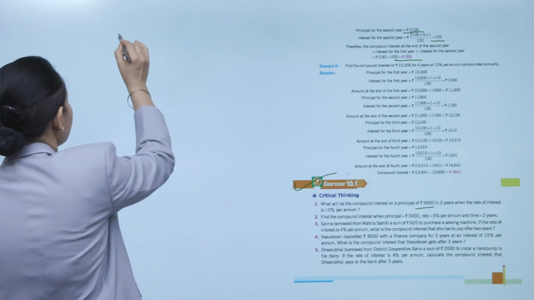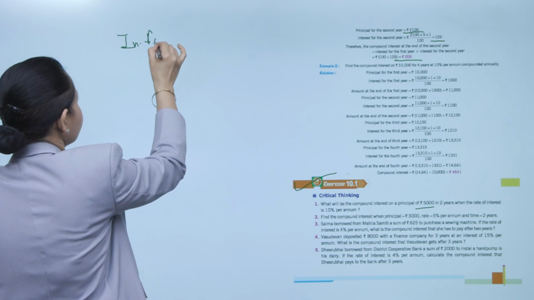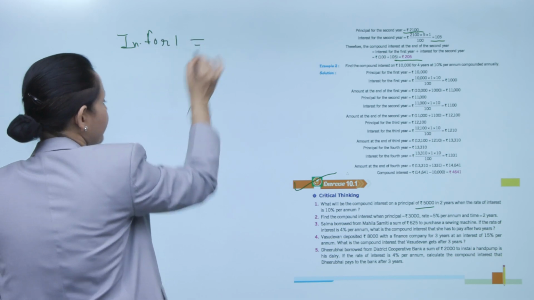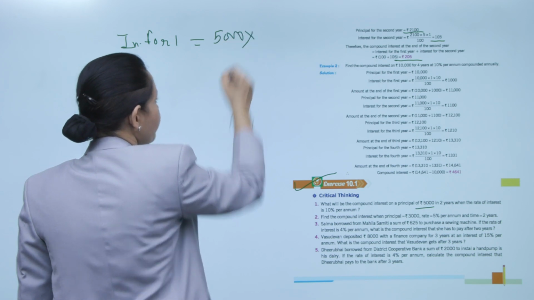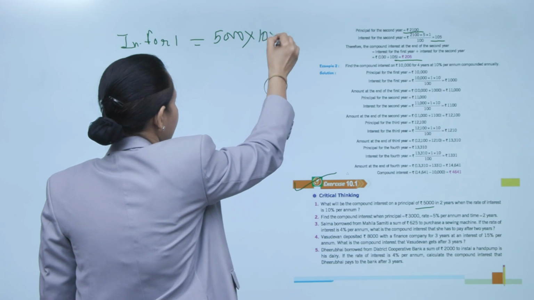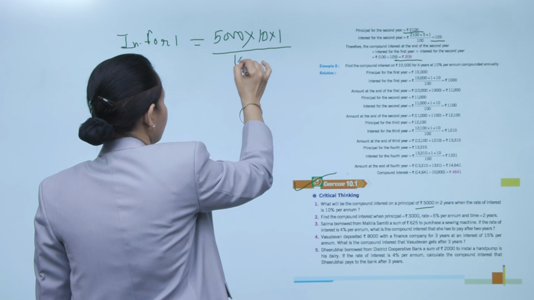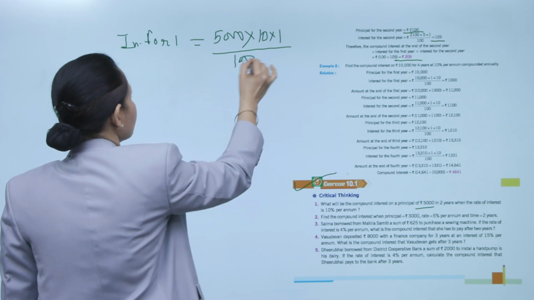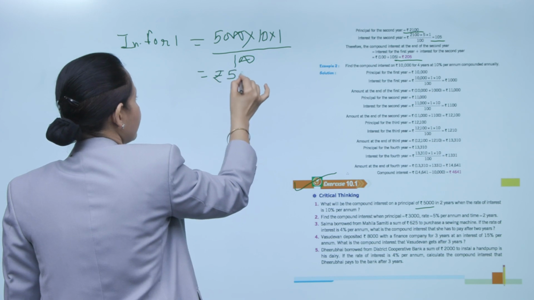So, interest for the first year equals P, that is principal, into R, 10%, into 1, because we are finding the first year, that is equals rupees 500.